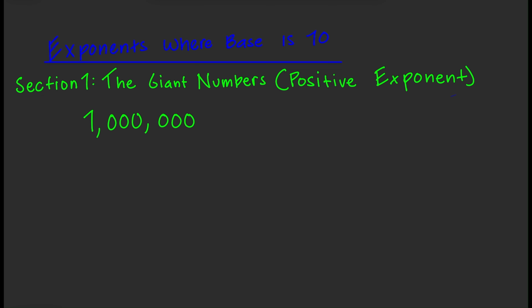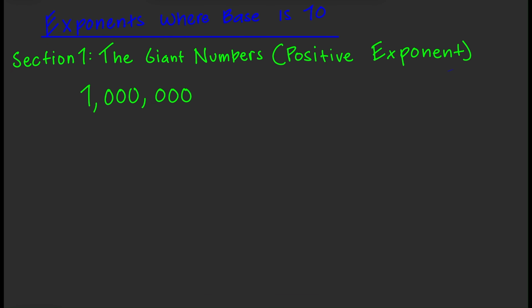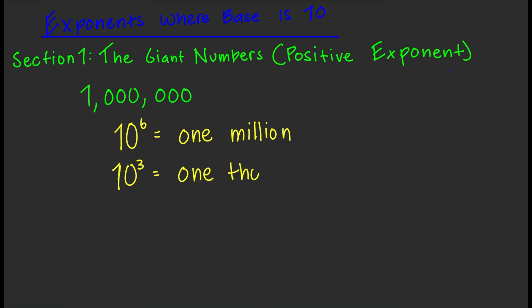So we'll say 10 to the sixth is equal to 1 million. 10 to the third is 1,000, so 3 zeros.